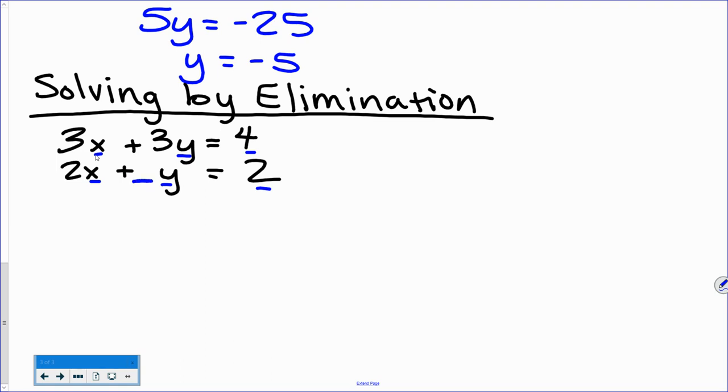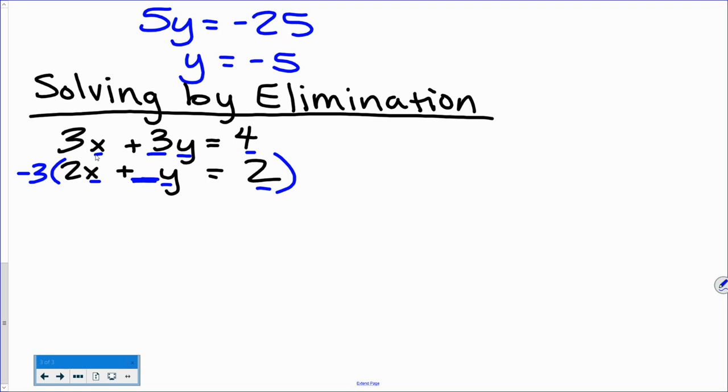When I have a variable that doesn't have a coefficient in front of it, that's going to be my best choice to try to eliminate the y's, because if I multiply that second equation by -3, I will now have a -3 in front of this y that would cancel with the positive 3y up top.